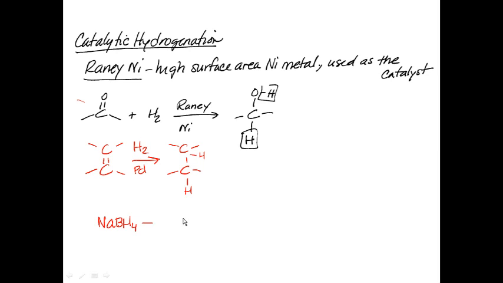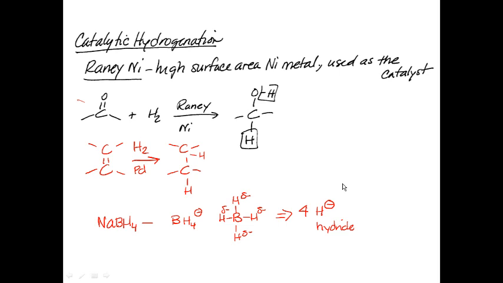Sodium borohydride in essence is a borohydride anion where we have a boron attached to four hydrogens. Boron is less electronegative than hydrogen, so each one of these hydrogens has a delta minus charge. Therefore, this is the equivalent of four H minuses, four equivalents of hydride ion.